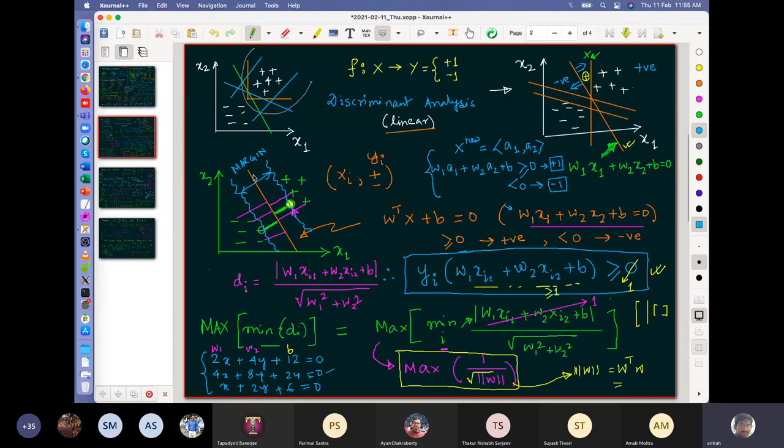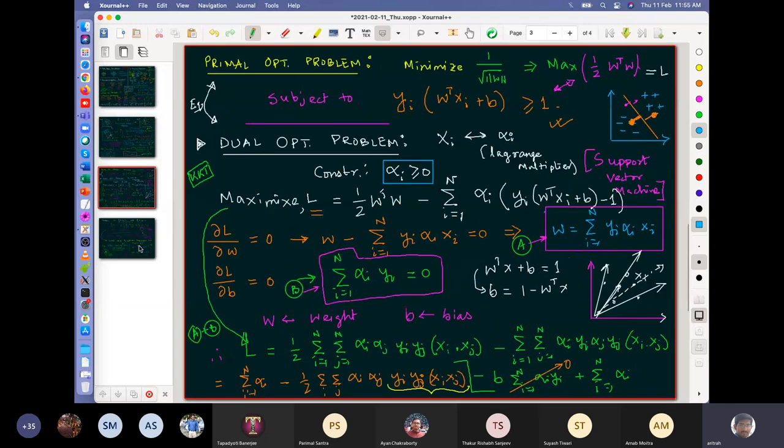Sometimes we call the whole width twice the margin, because we take this as the margin. So your intuition to put the line in the middle is perfect. Middle with respect to the margin, meaning the support vectors, which minimize the perpendicular distance from them.